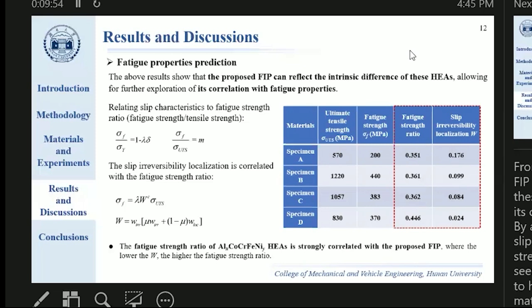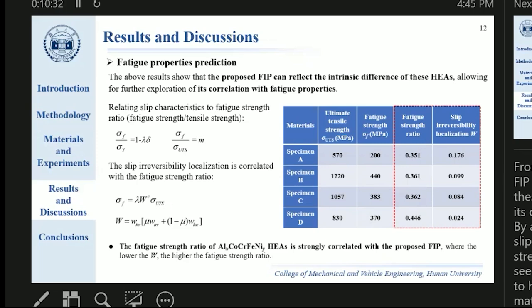By comparing these four HEAs, their slip characteristics and the fatigue strength ratio of materials, it can be seen in the table that the non-slip irreversibility localization W corresponds to the fatigue strength ratios.